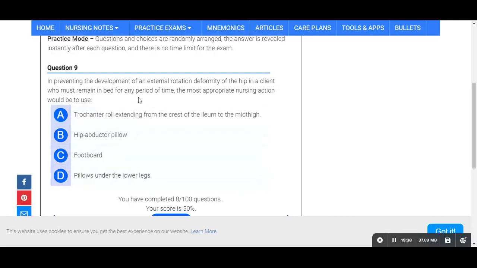Okay, so we're talking about preventing the development of external rotation deformity of the hip. Take note, the client must remain in bed for a long period of time.